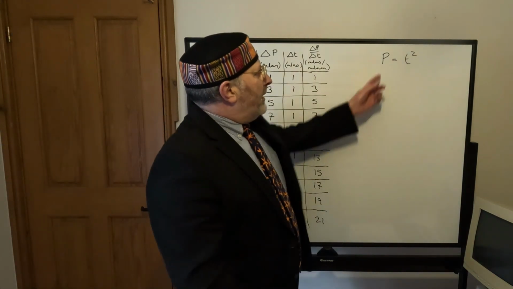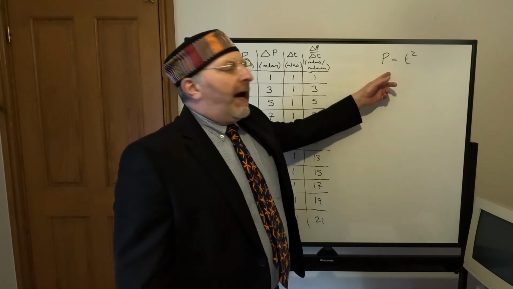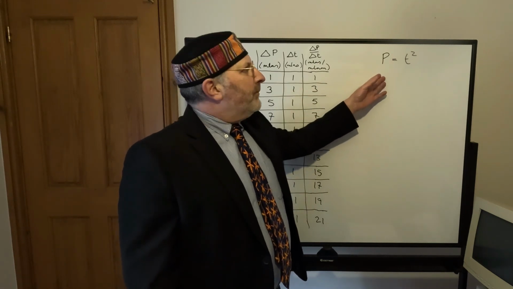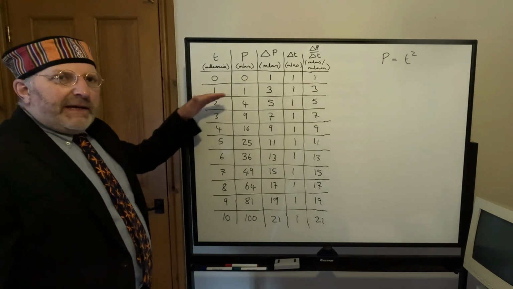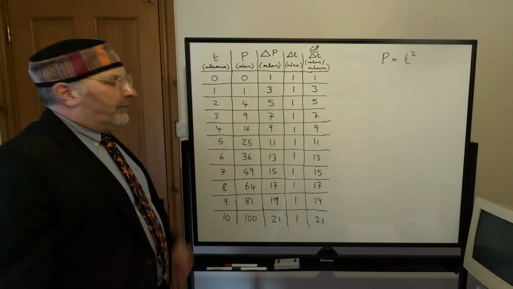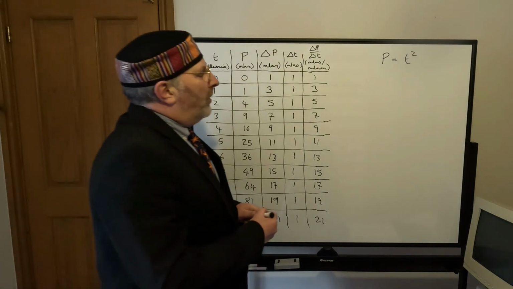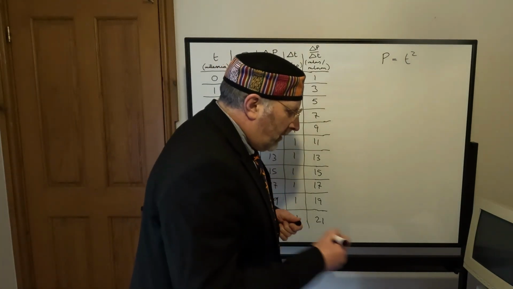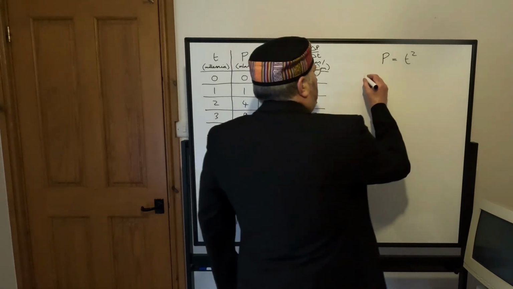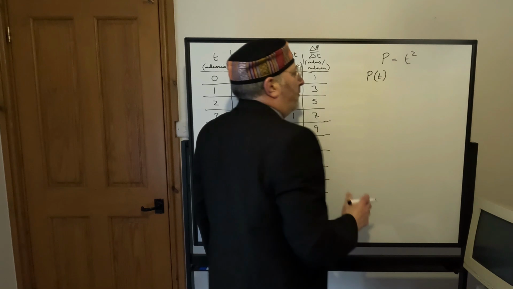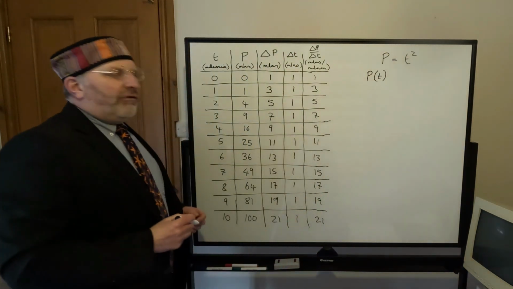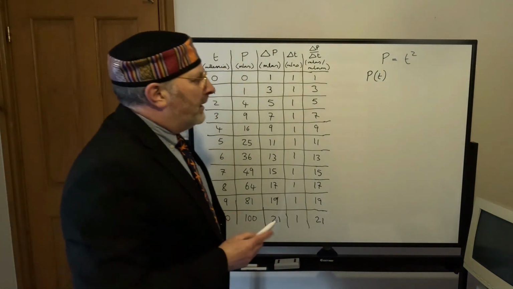Now, when I write P, P is not actually just a single number. It's a whole set of numbers. And the actual value of P depends on what time you're thinking about. So a way of representing that is to write P as P of T. You sometimes pronounce it: P as a function of time.